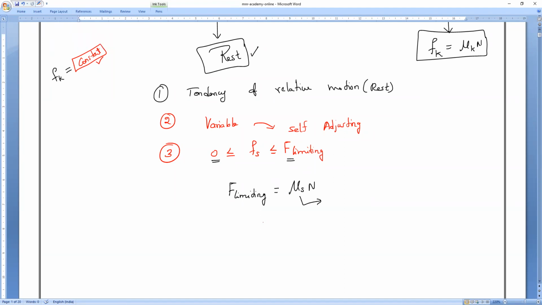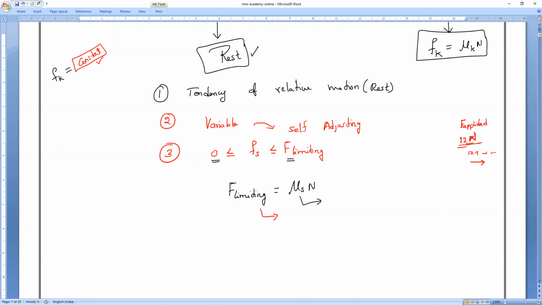Remember, all of you, limiting friction means the maximum friction where the body is almost ready to move. For example, if the applied force crosses more than 12 newtons, like 12.1, 12.2, 12.3, then the body will start moving.